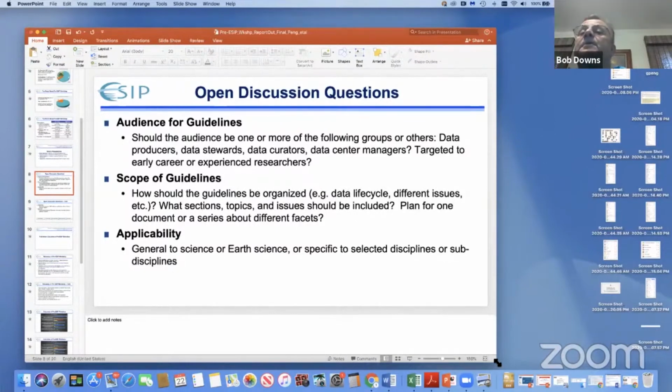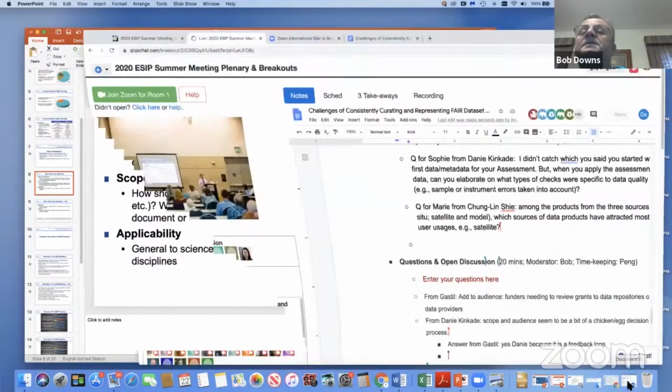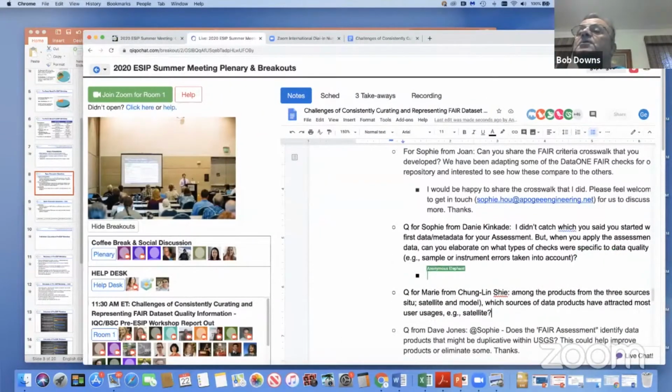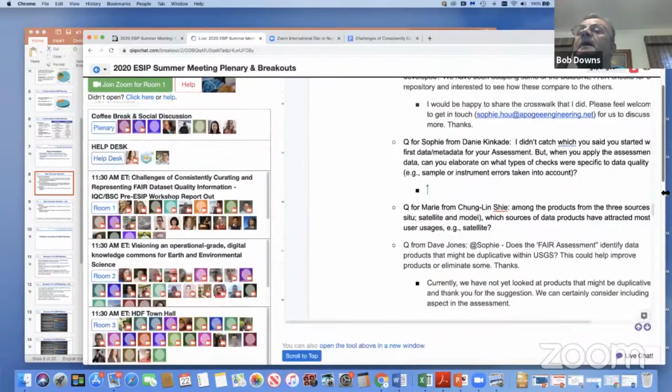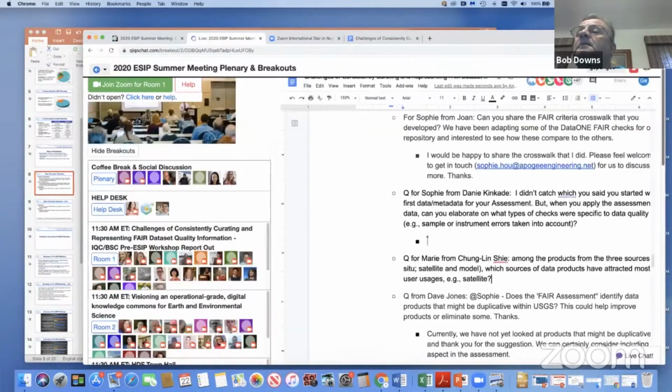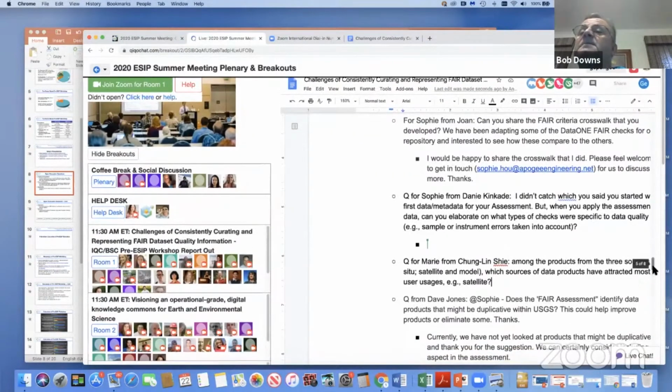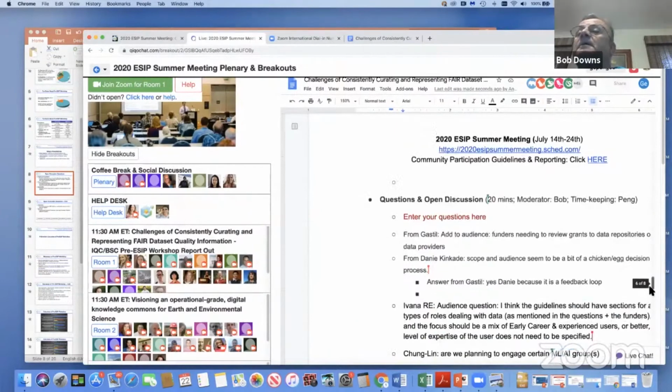Maybe it's simpler to first ask the question, should we plan for just a single document, or should we try to have a series of documents that perhaps are even released over time? Any thoughts on that?